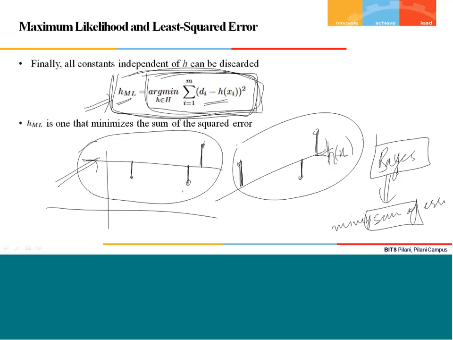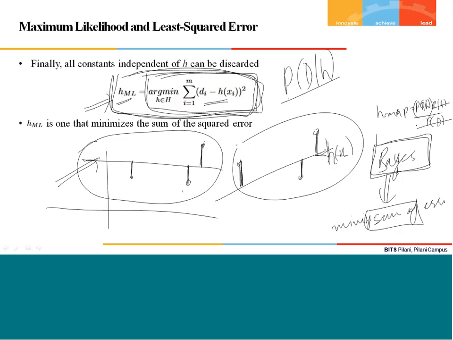Please listen to this. Maybe you got lost in the mathematics, but finally what you have to remember is that you started with the Bayes theorem. You come up with H_MAP as the multiplication of P(D given H) into P(H) upon P(D). This is constant, you ignore it. This is equally likely, you ignore it. You are maximizing this expression, P(D given H).